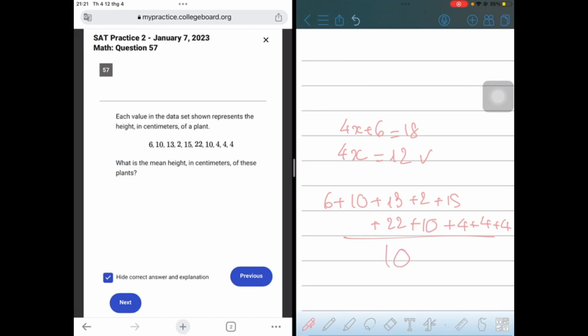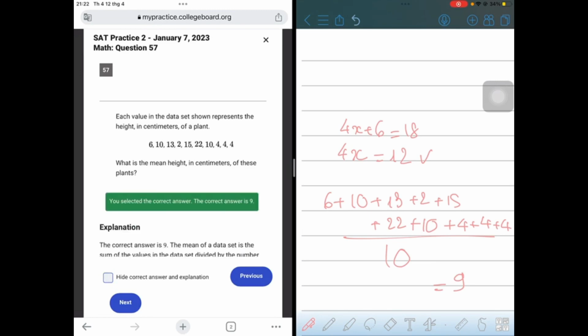So we divide by 10. Take out your calculator and we will calculate together. It equals 9, so the answer will be 9, right?